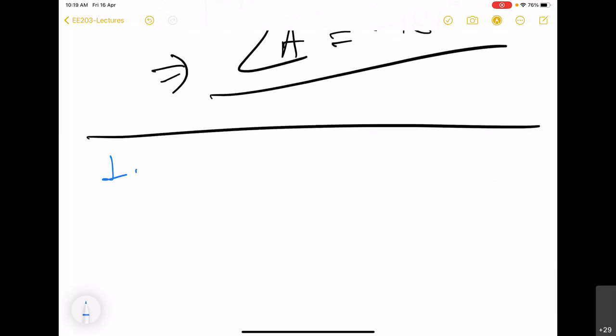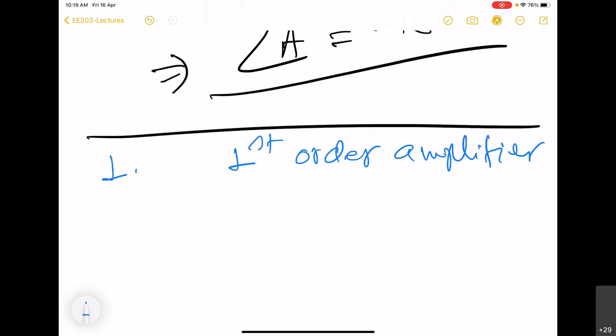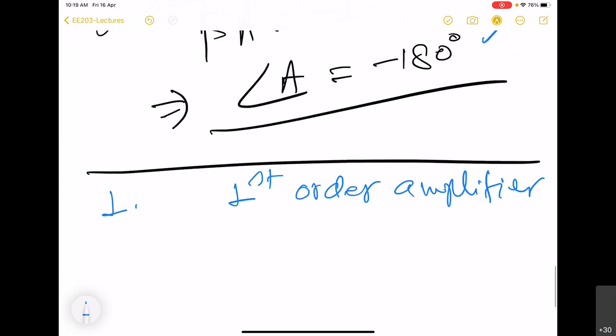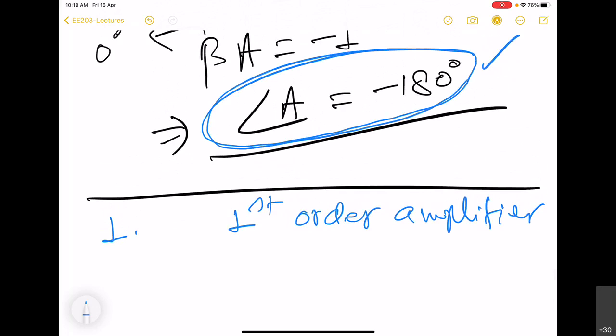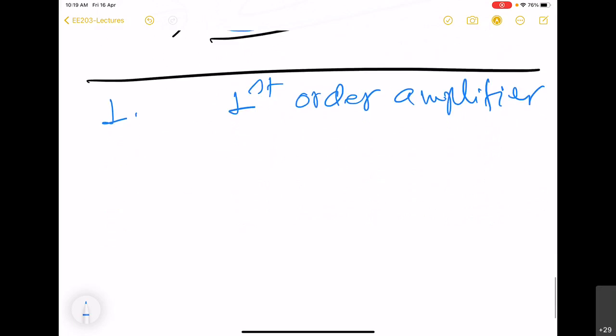So first we will take a first order amplifier, and suppose this amplifier is put into negative feedback. So what we have to see is whether there is a possibility of the phase of the amplifier to become minus 180 degree at any frequency or not. If it shows this possibility, then this amplifier in a negative feedback might become unstable under a suitable value of beta.